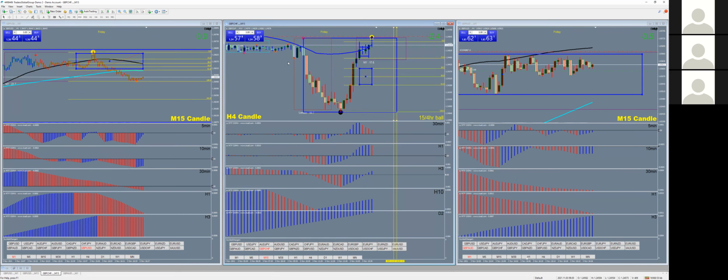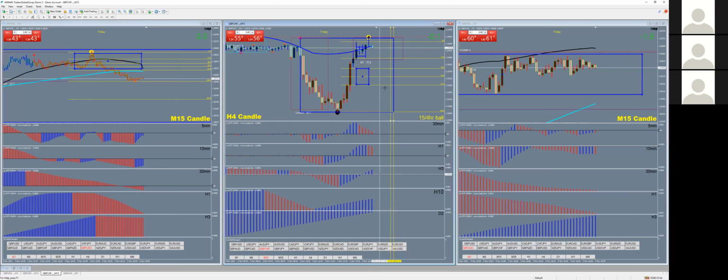You look at the 15-minute, you see that you've found the high of the session. 30-minute, 1 hour in sync. I haven't found the high today, but that could change. Pound Swiss is again in good sequence in the 1 minute chart. I'm entering.